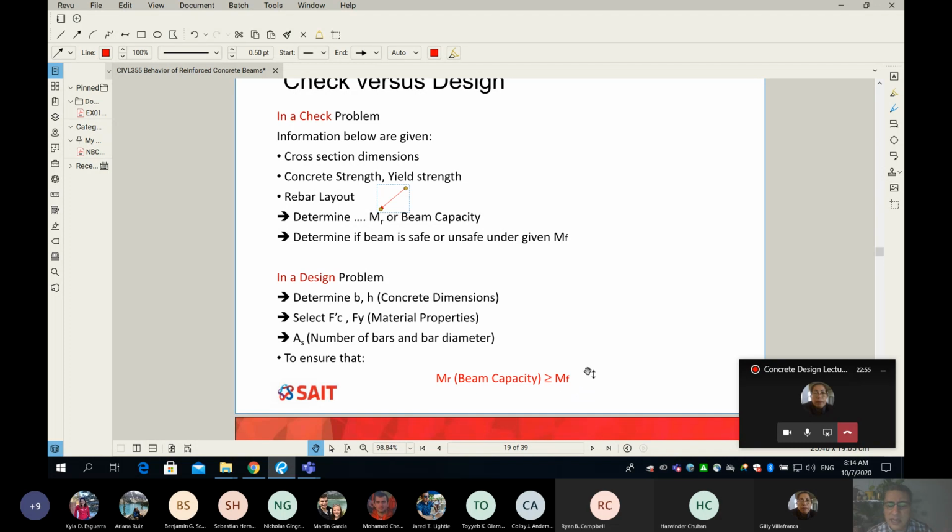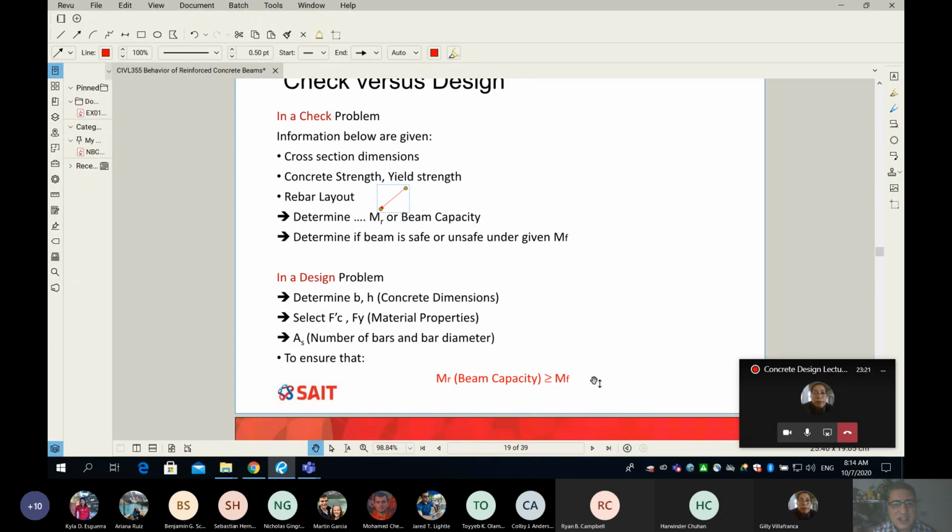Hopefully this is clear. If you work as a designer after graduation, what exactly are you going to do? Are you going to do design more or check more? I would say equally. Sometimes as designers or engineers, we are asked to simply design for a fresh building. We don't have the building yet, and we have all the loads, so we simply design the beam.